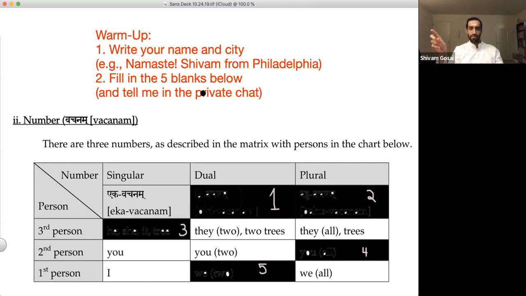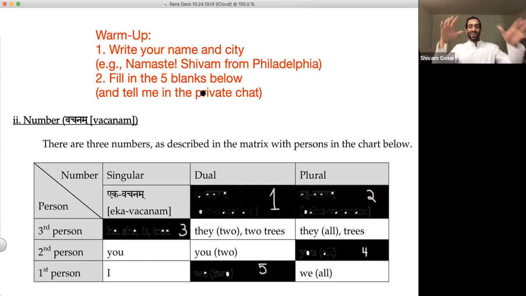Noun is made up of pratipadikam and supratyaya. Okay, so now we are looking at ting pratyaya. So in a verb, dhatu and ting pratyaya. Now within the ting pratyaya, it can denote number, vachanam, and person, purushaha.